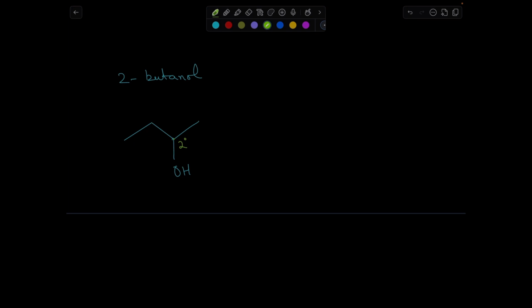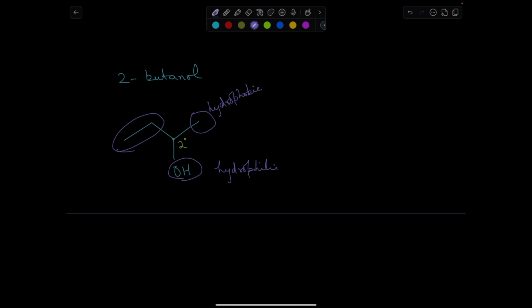So 2-butanol has a hydrophilic portion here and it has hydrophobic portions here. Because of this, there is a competition between the hydrophilic and hydrophobic portions to interact with water. The hydrophilic portion favors the formation of hydrogen bonding with water and favors the solubility.